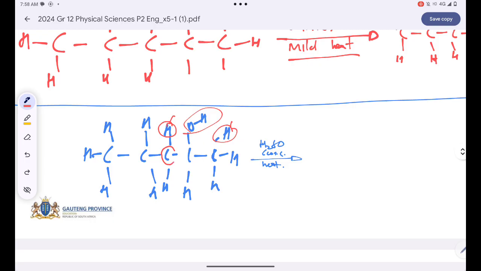Carbon number 3 has the least number of hydrogens compared to the terminal carbon, which has 3 hydrogens. So I'll eliminate those 2 over here, just to form a double bond over here.